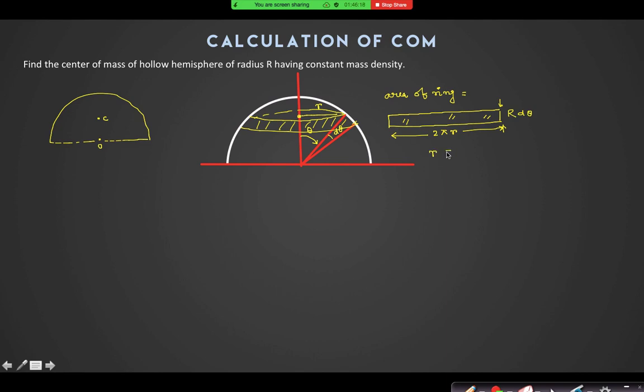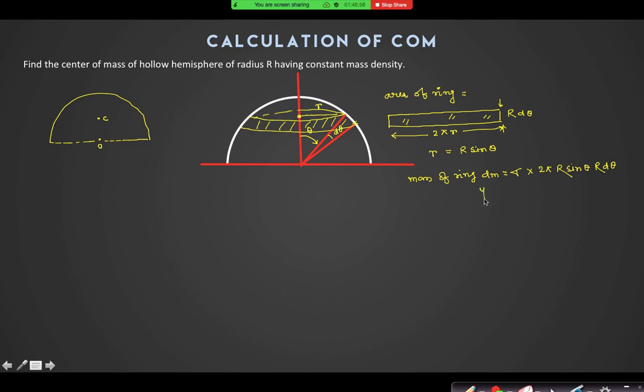And what is small r? Small r is capital R sine theta. So I can say that the mass of the ring dm is equal to sigma into 2 pi r sine theta into r d theta. Right? So the mass of the ring is this one.